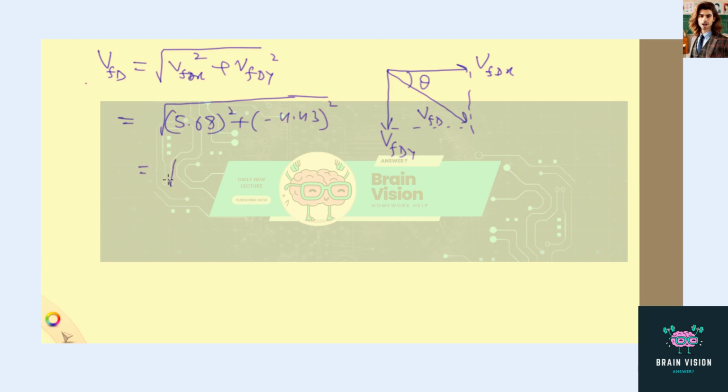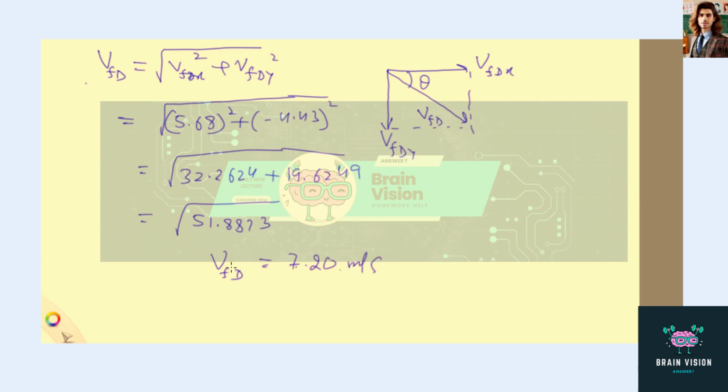It comes out to be 32.2624 plus 19.6249. On adding, it becomes 51.8873. So finally, v_fD comes out to be 7.20 meter per second. This is the final speed of Daniel after the collision.